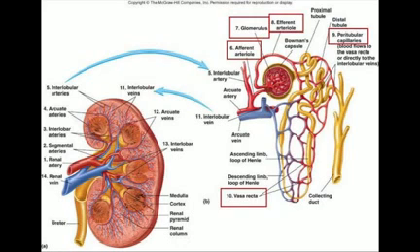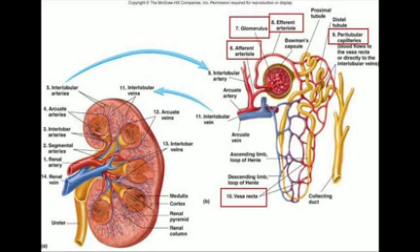So this goes about the second part of the nephron. Now the third part of the nephron contains the collecting tubule. The distal convoluted tubule opens into the collecting tubules.